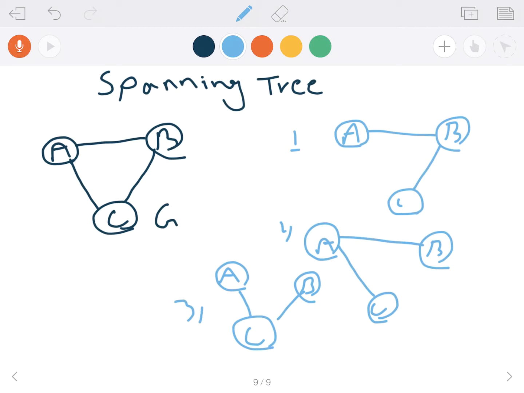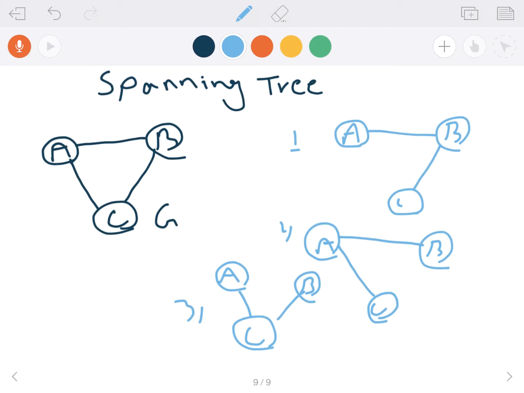The spanning tree of a graph G is a subgraph of that graph G. When we are talking about a subgraph, it means that the edges all come from the graph G. So all nodes should be connected to each other. We have all vertices, and the edges are coming from graph G, and there is no circle. So that's the spanning tree.